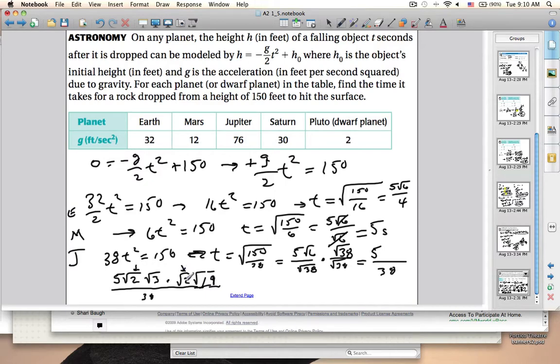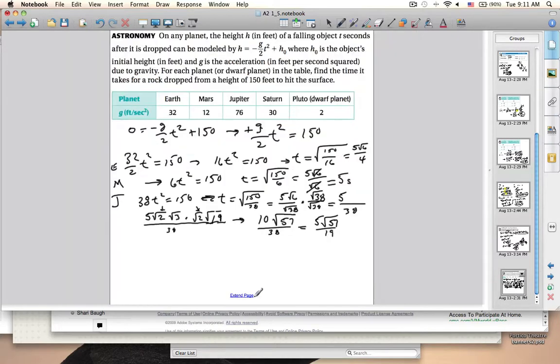By spotting 2 radicals that are the same, I know that square root of 2 times square root of 2 is 2, times 5 is 10, times 3 times 19, that's root 57, all over 38. 10 is 2 times 5, and 38 is 2 times 19, so this becomes 5 root 57 over 19.